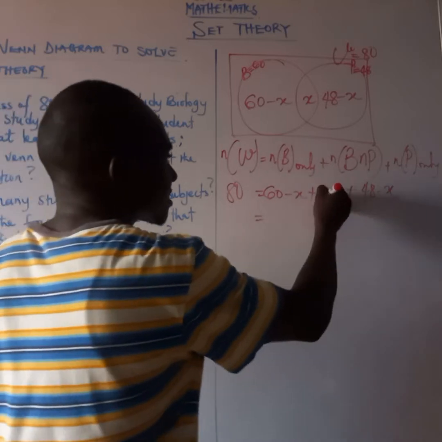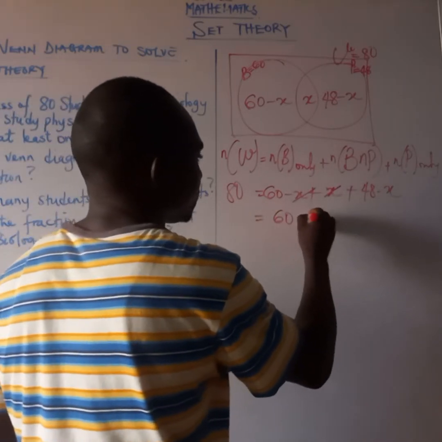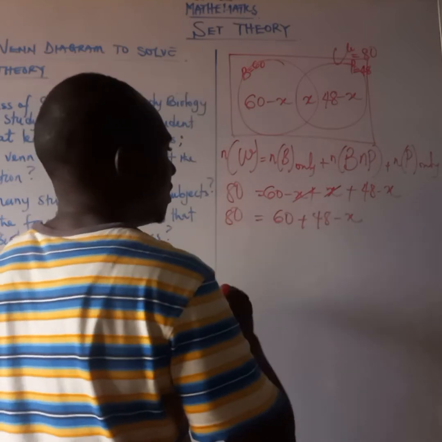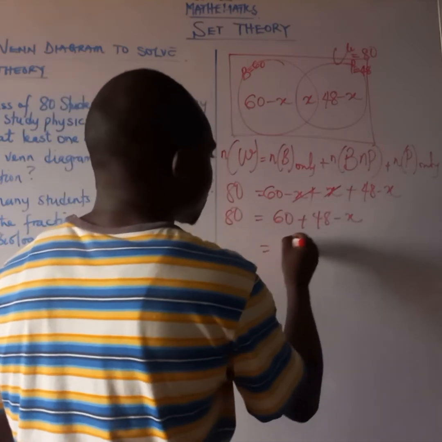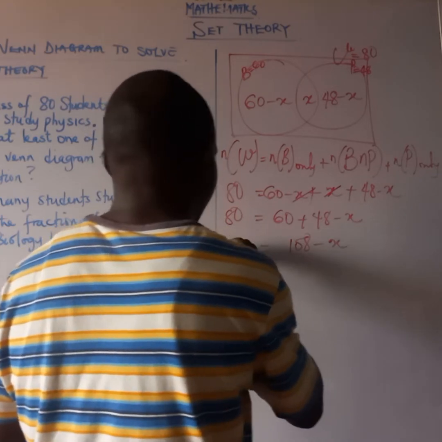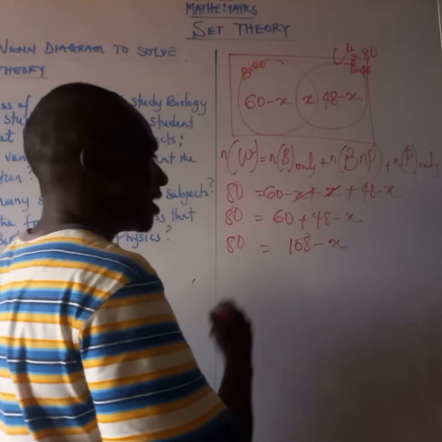We have 60 plus 48 minus X equals 80. When you add this together, we have 108 minus X equals 80. Let's collect terms together.